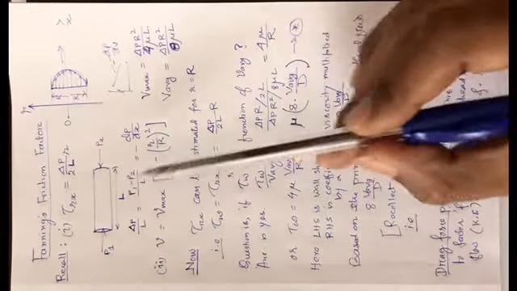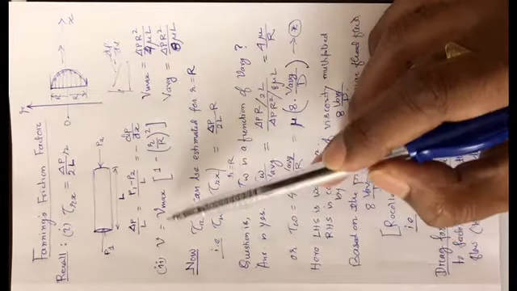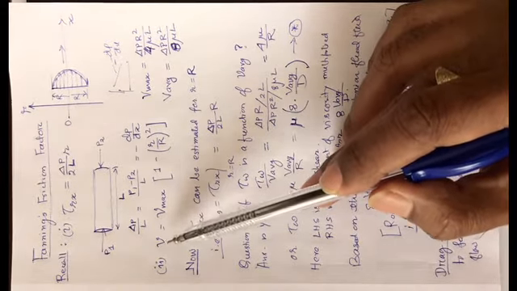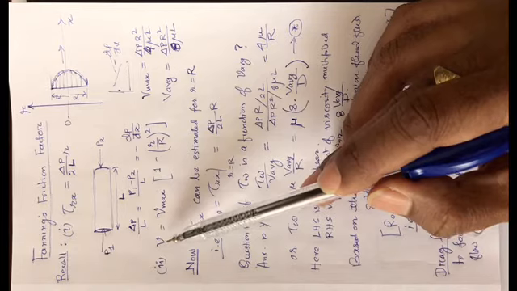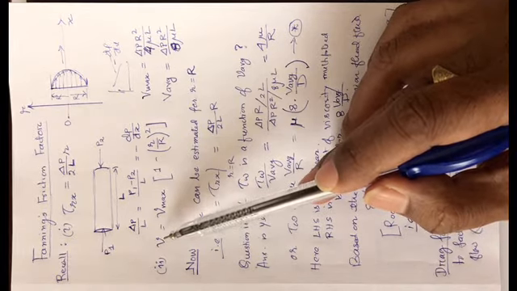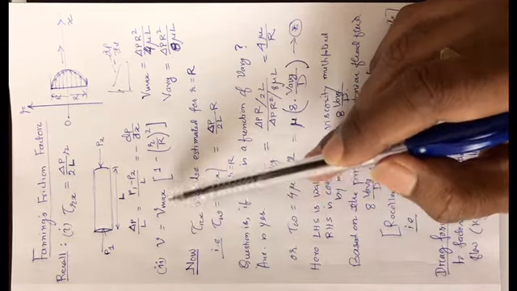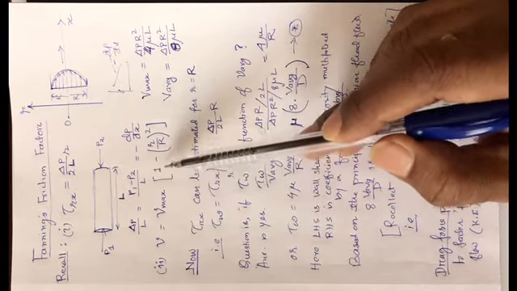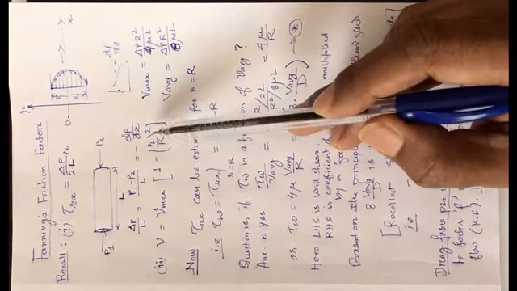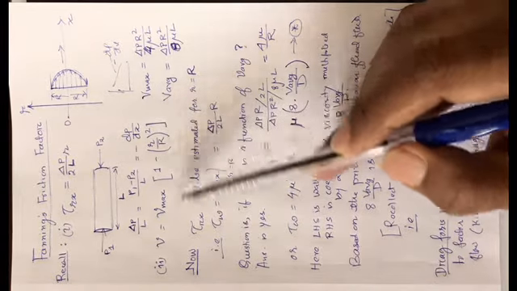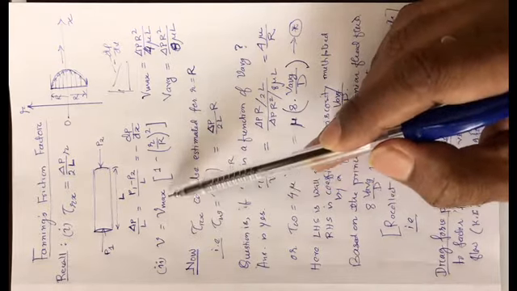Now another expression we have already talked about: for laminar flow, velocity in x direction at any location r can be estimated by V maximum multiplied by 1 minus (r by R) square. So this is the square of this ratio only. What is the value of V maximum?